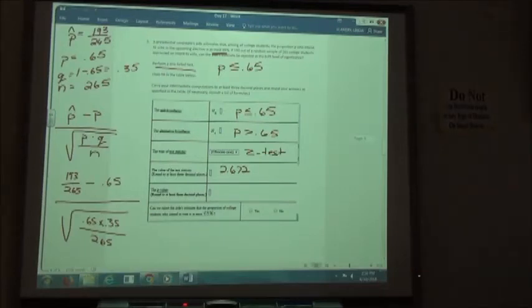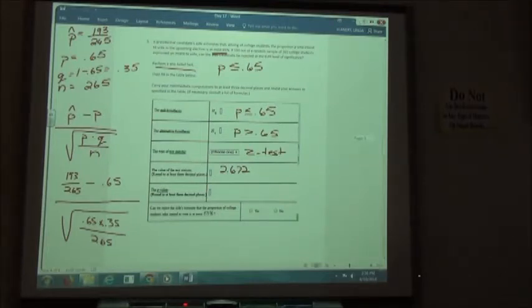Then you take that answer, so you hit second function answer, and you divide that by the square root, so you do second function and the x squared to get the square root, and then you do 0.65 times 0.35. I don't think you need parentheses. I think you can just divide by the 265. We're going to find out. And hit equals. There's our number, right? So you do the top, hit equals, and then do the answer divided by the bottom.